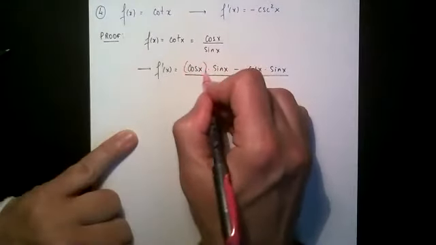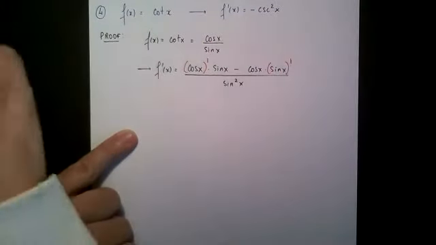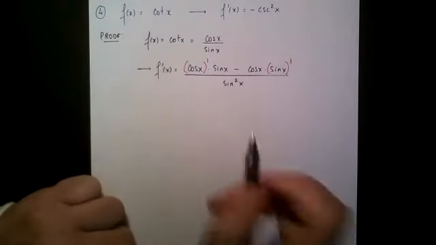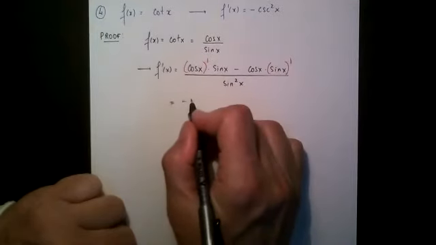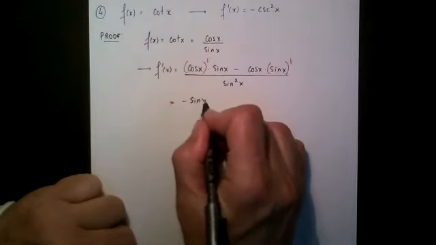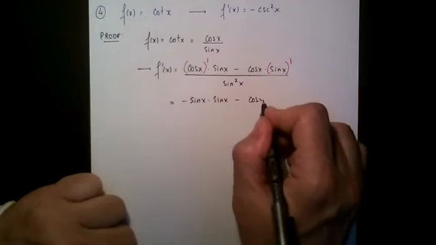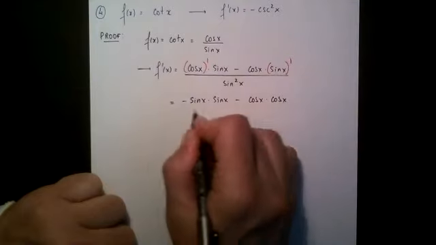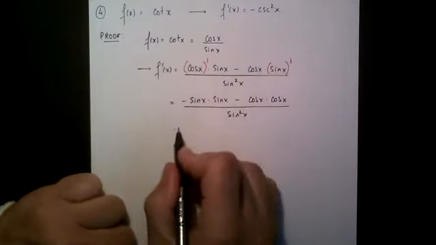So two little derivatives to find, and know them. This is negative sine x times sine x minus cos x times cos x, all of this over sine squared x.